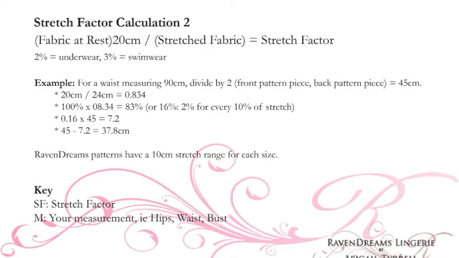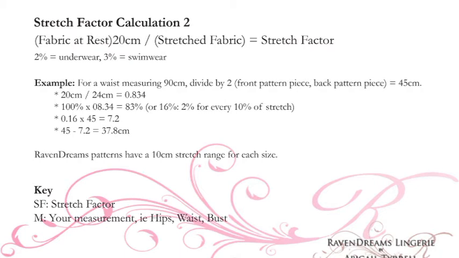Now, if you're doing 2% of stretch, that's 2% for every 10% of stretch. So you have 83%. So that's 8 times 2 equals 16%. Turn that into a fraction, multiply it by 45, and you have 7.2 centimeters.